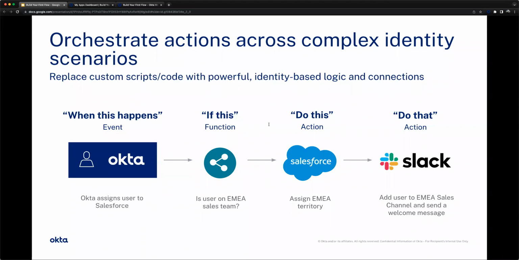Finally, I want to chain on another action, another app. Here, I'm adding the user to a sales channel in Slack and sending a welcome message. This is a very basic example of what you can do within workflows, and how you can start to think about tying together solutions as we build customized flows that'll be relevant to your organization.